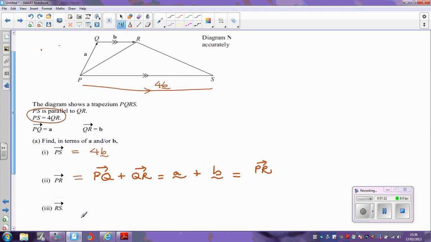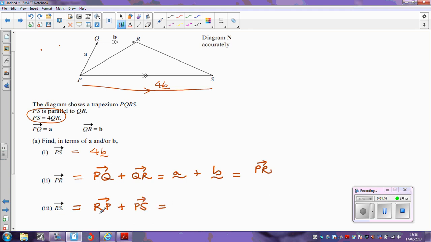Okay, RS is what it wants you to find next. So to go from R to S, well, I'm going to go the long way round. I'm going to go from R back to P, and I realise that the easy way to do that is that I already know what PR is, so PR and RP are just the reverse of each other, and then I'm going to do PS.